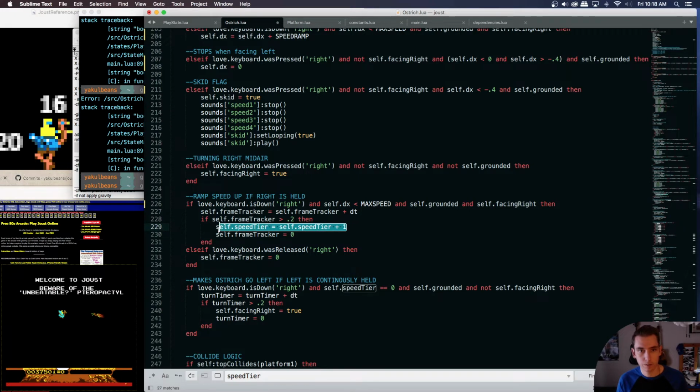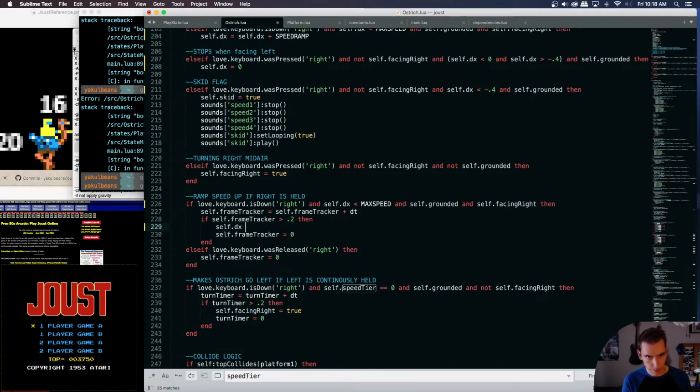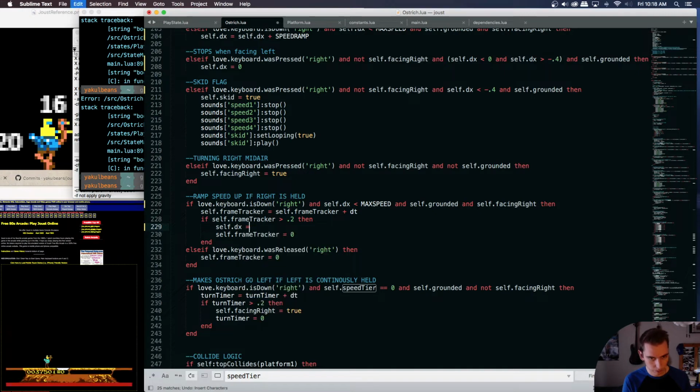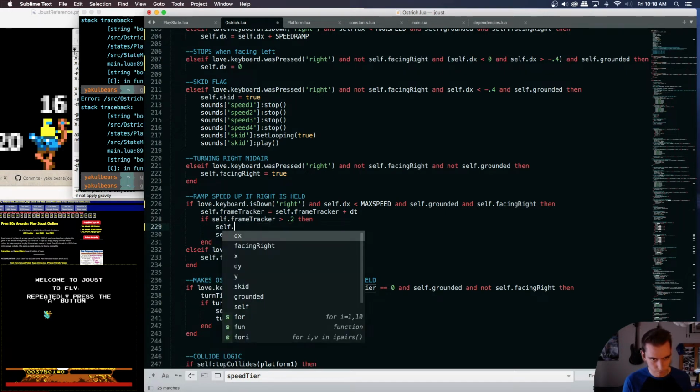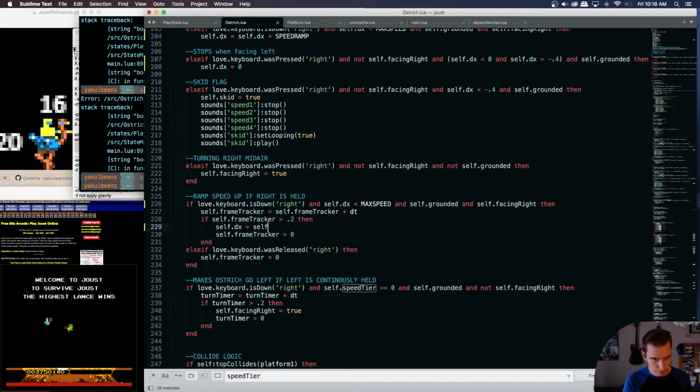Then our frame tracker is greater than 2, meaning right is held, yet we skidded to a stop and right is still held. Then we're gonna set our dx, wait a second. We're gonna set our dx to increment to the right. Self dx plus our speed ramp.